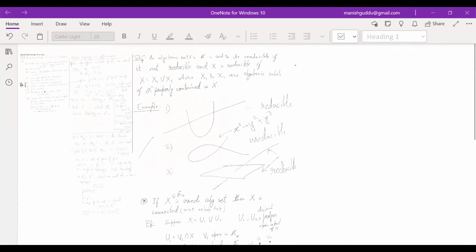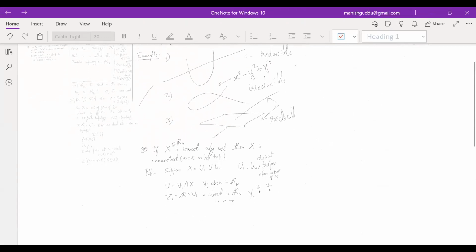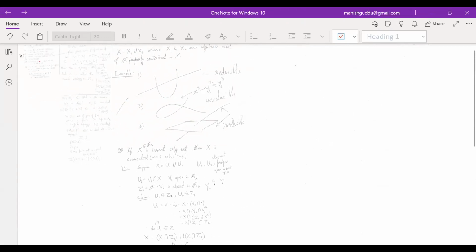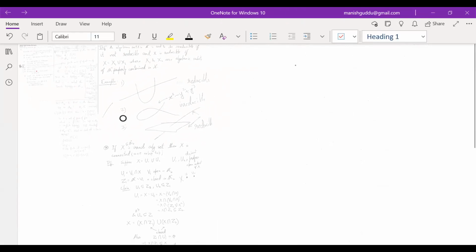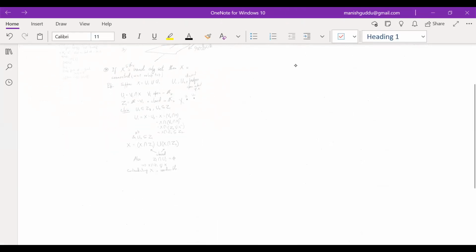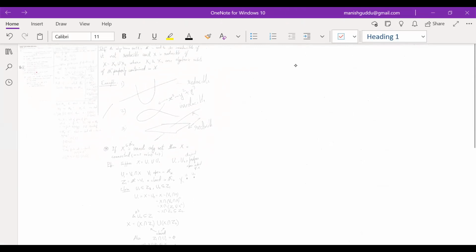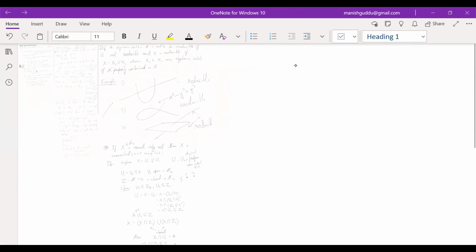So now I'll define what an affine variety is. I forgot to write. Okay, so before defining affine variety, maybe I'll write.